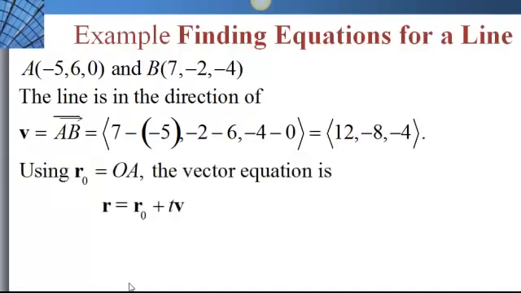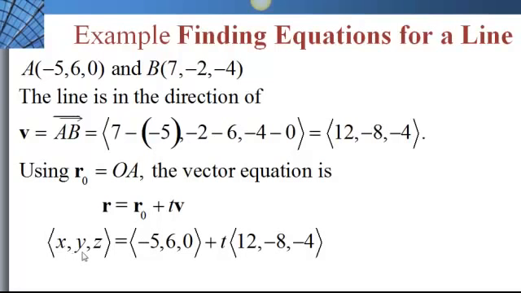Then we find the vector going from the origin to A, and the line that we're looking for is going to be the vector going from the origin to A plus some constant times our vector AB, which is (12, -8, -4).